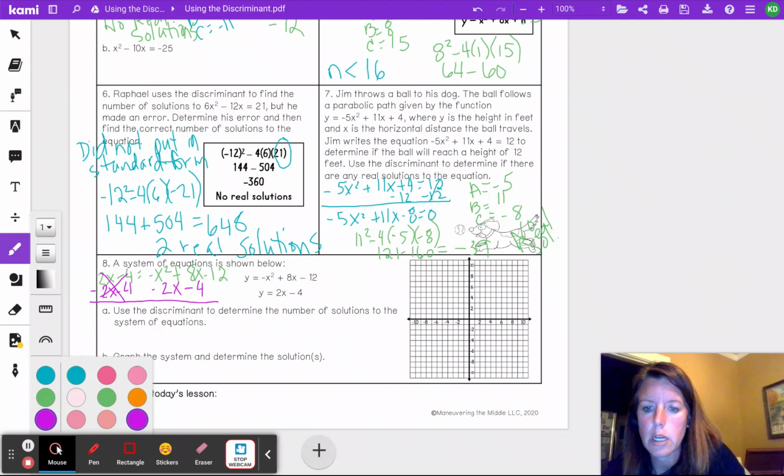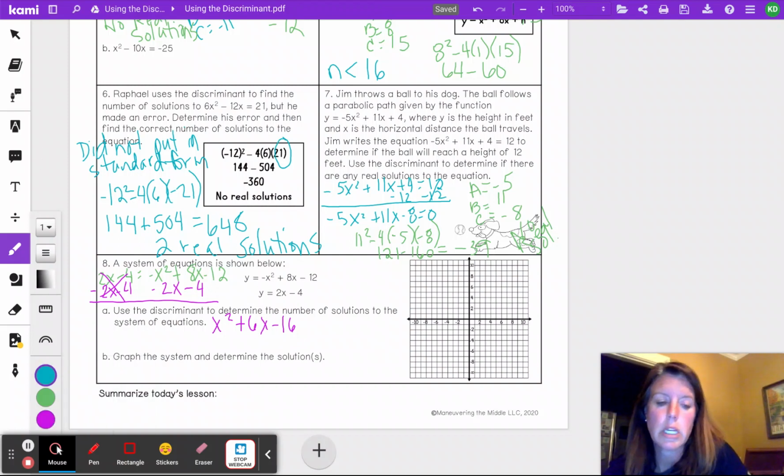So now I've got x squared, 8x minus 2x, so plus 6x. And then negative 12 minus 4, that is negative 16. All right, so we've got it in standard form. So let's go ahead and determine the number of solutions by using the discriminant, and then you can graph it.